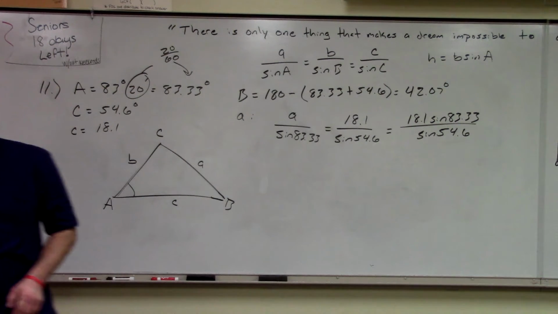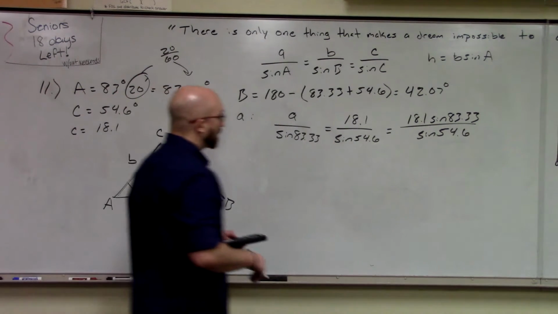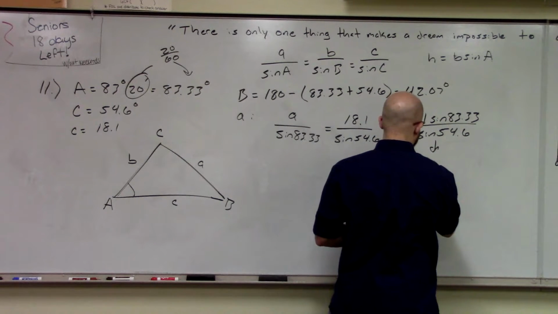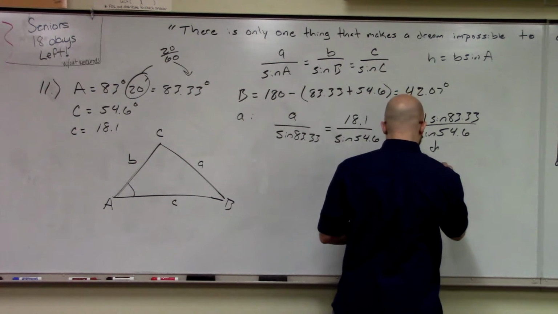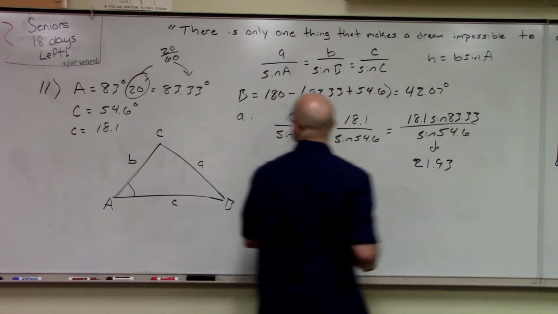Again, let's just plug that in your calculator. I get 21.93. So that's my little a.